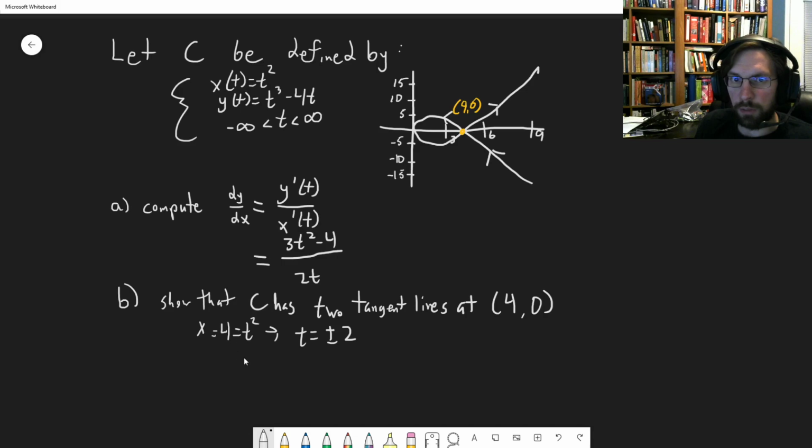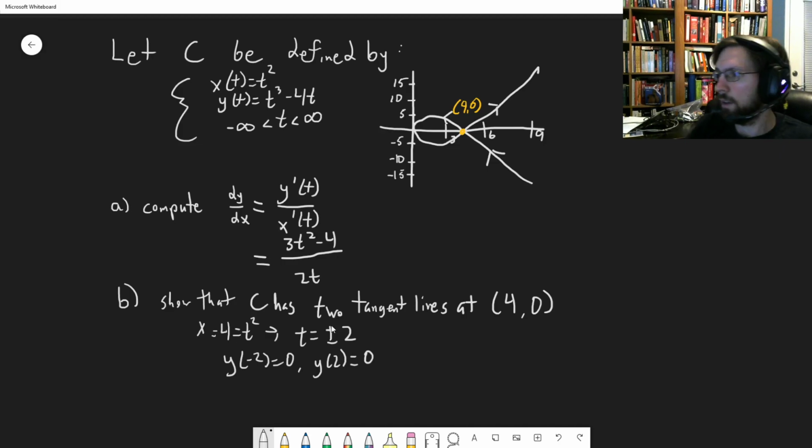And if we plug plus or minus 2 into y, y of negative 2 is 0, and y of 2 is also 0. So that means we have two t values that give us the exact same point, which then means we should have two tangent lines corresponding to those.